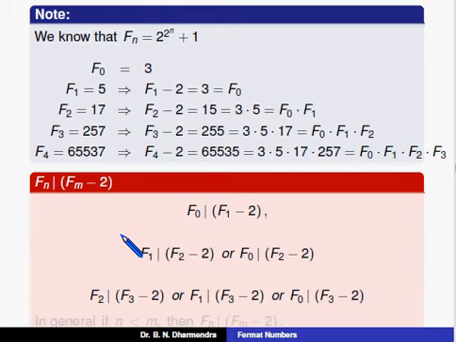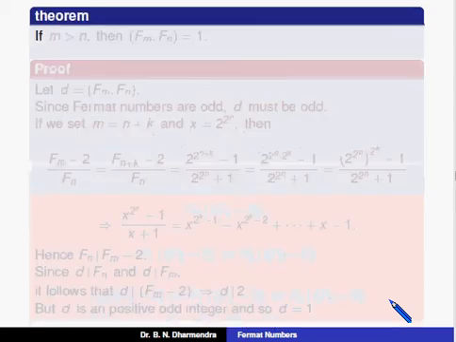So in general we conclude that if n is less than m, then Fn divides Fm minus 2, where m must be greater than n. This result is very important for the next theorem we have to prove. That's why we are taking this one.